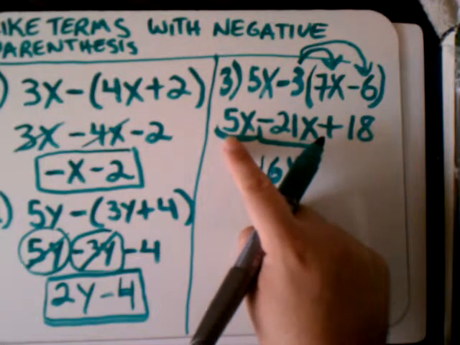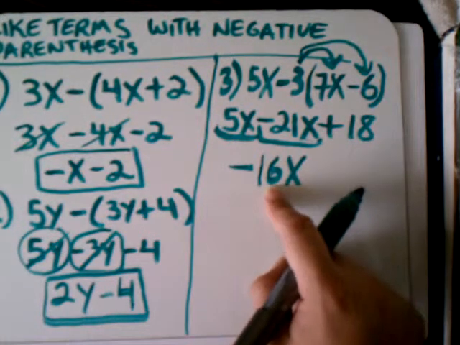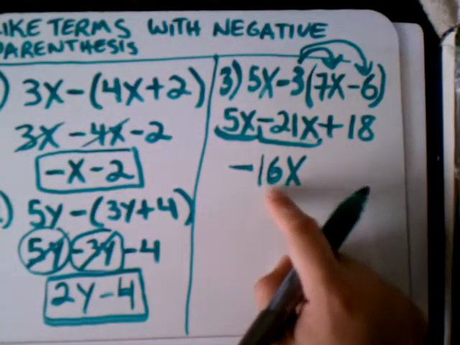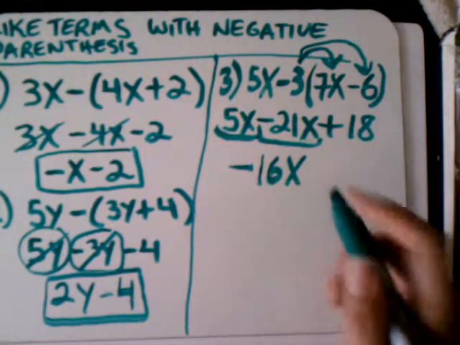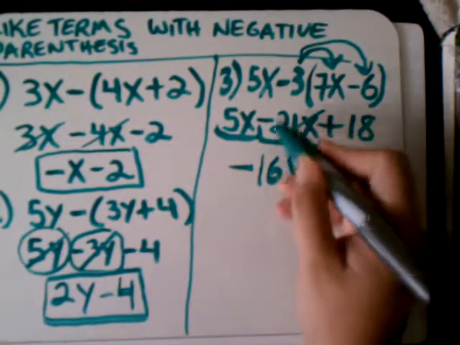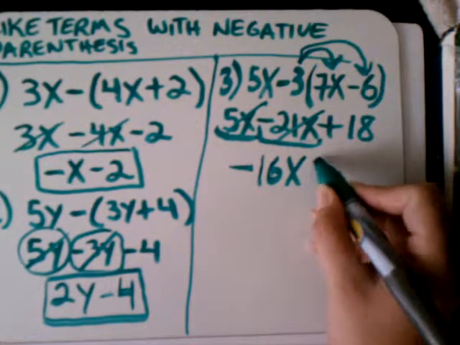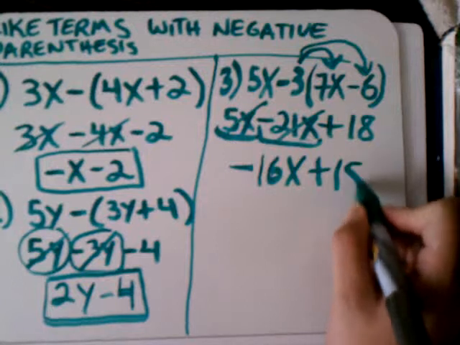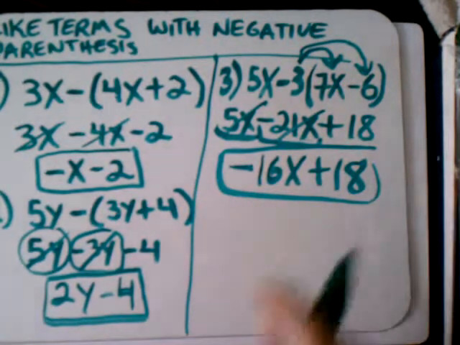So since I have $5, I pay them and I still owe 16. If in the end you owe, you put a negative. If you have, you just leave it as a positive. Okay, so you're done with this, and then you have a plus 18, so just bring it down. Okay, there's nothing else we can do, and that's it.